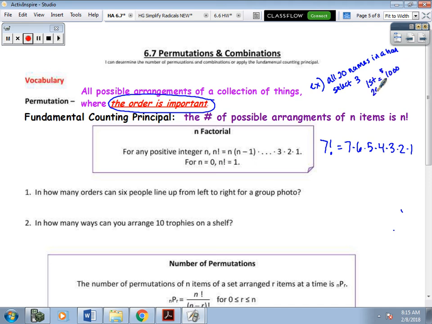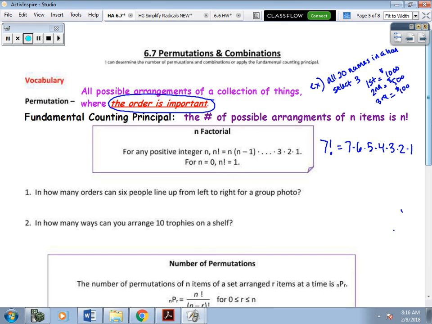The second person gets, let's say, 500, and the third person gets 100. So a permutation would be if the order in which you're selected matters. Okay. Fundamental counting principle is when you are going to, if I were to select all 20 people, okay, not just 3 of the people.